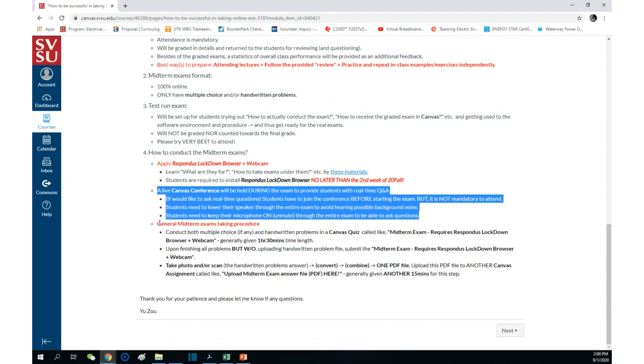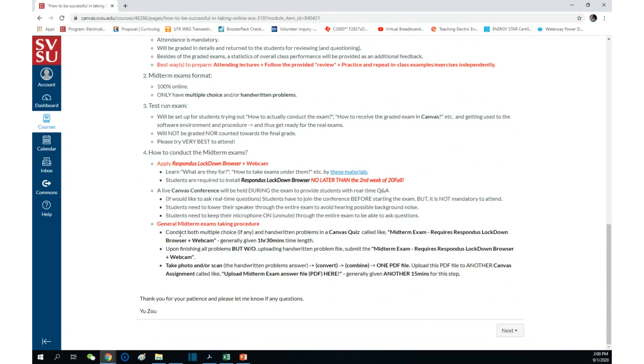The general procedure: you do the multiple choice and enter the handwritten problems in a Canvas quiz. Just be careful about the name, because the name is very, very meaningful. You are going to a quiz called Midterm Exam, dash, requires respondus lockdown browser plus webcam.